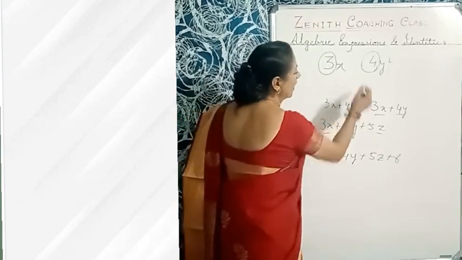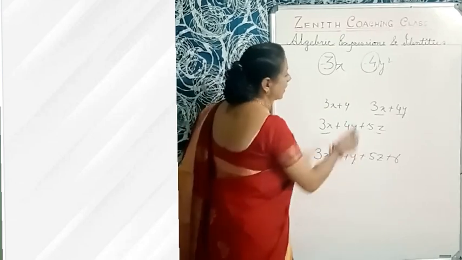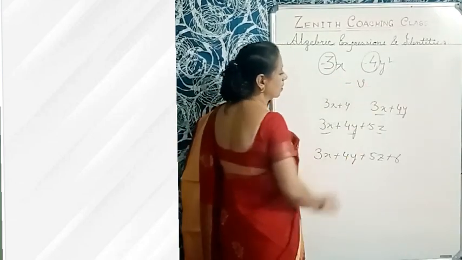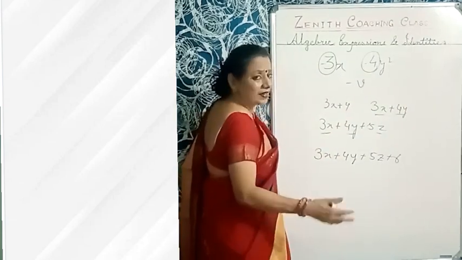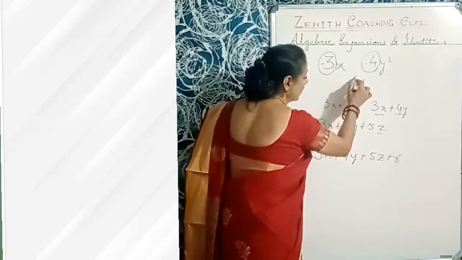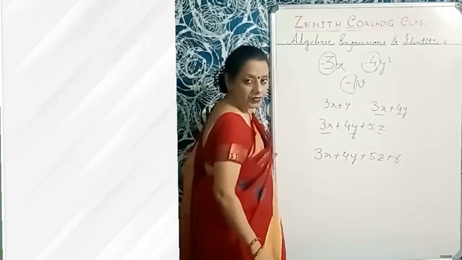If there is minus 4, then minus 4 is the coefficient. If there is minus 3, then minus 3 is the coefficient. And let's think of minus v. What is the coefficient of v? Nothing is there, ma'am? Just see, here is 1, so minus 1 is the coefficient.